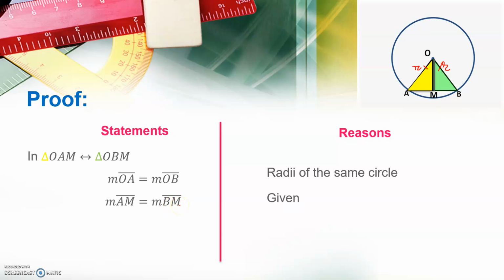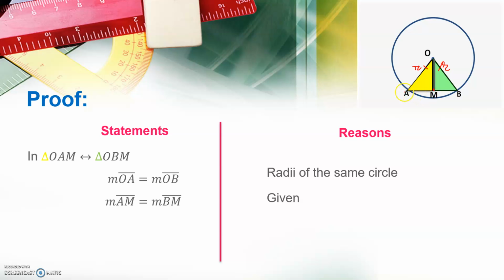As students, in the given statement, we know that M is the midpoint of the chord AB. So it means that the distance from A to M and the distance from B to M are the same.